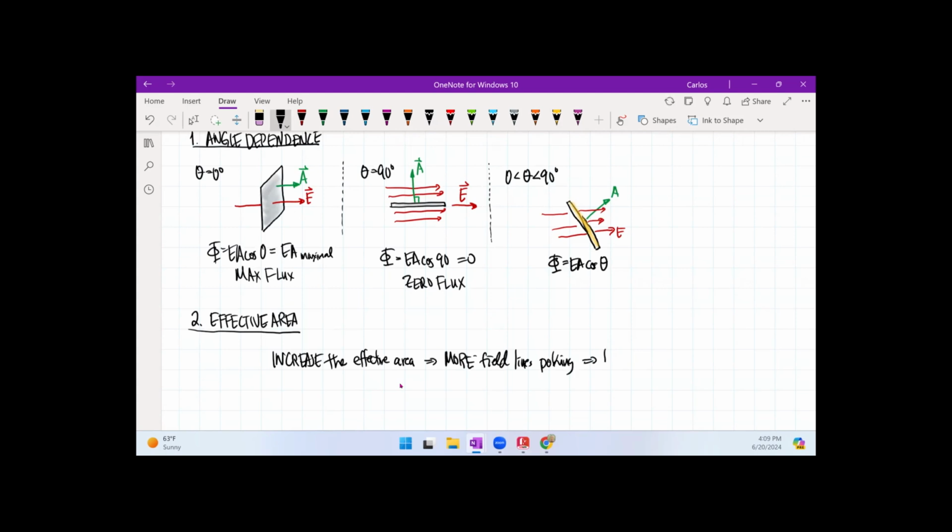Therefore, it increases the flux. On the other hand, if I do the opposite, if I decrease the effective area, then there are going to be fewer field lines poking through the surface. And therefore, it has to decrease the flux.